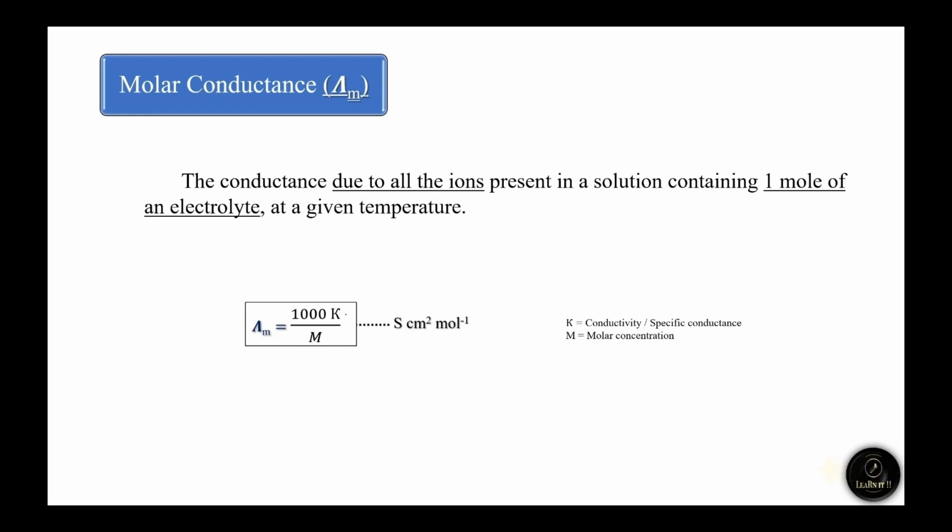We know the unit of specific conductance is Siemens per centimeter, and molarity is moles per dm cube. The dm cube can be written as 1000 cm cube, so it is moles per cm cube.